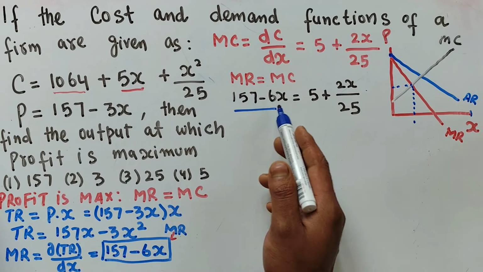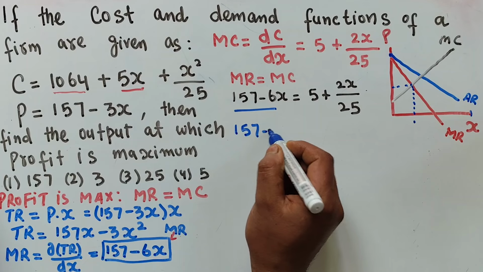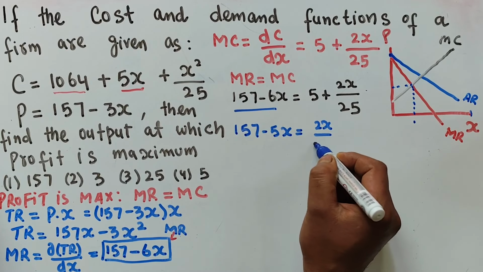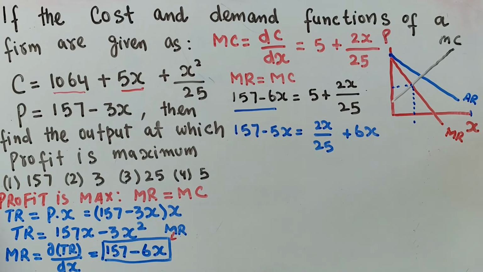So transposing this minus 6x to here and this 5 here, we get 157 minus 5 is equal to 2x upon 25 plus 6x. Simple thing.